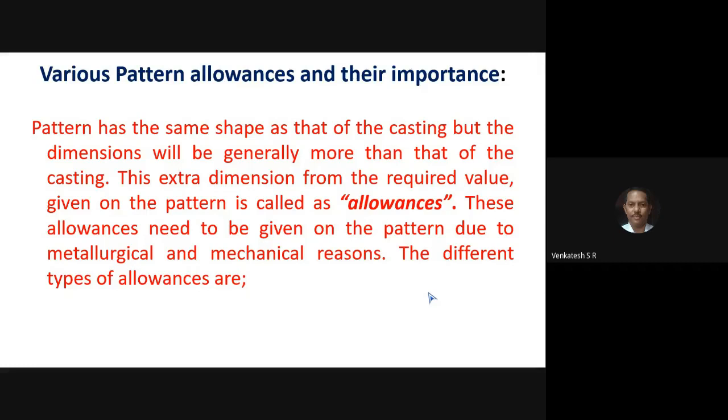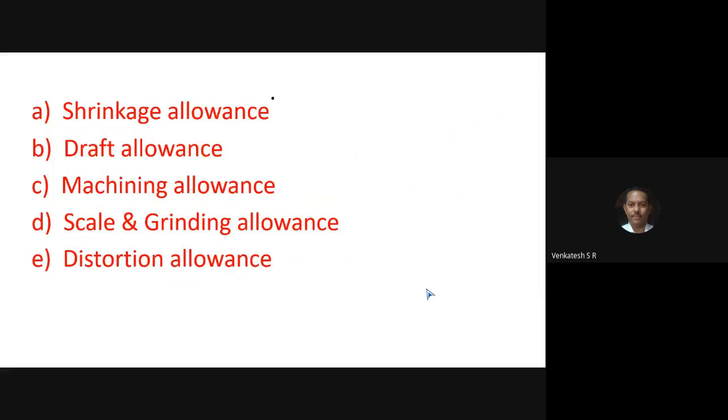Next line, write down the different types of allowances are. Next line, write down one by one. Subdivision A, shrinkage allowance. Subdivision B, draft allowance.